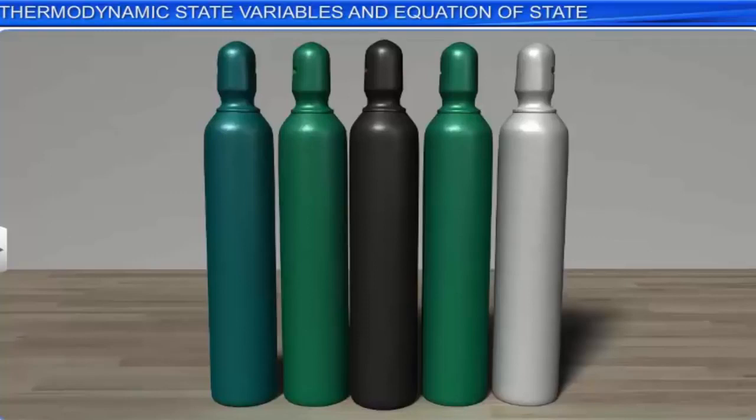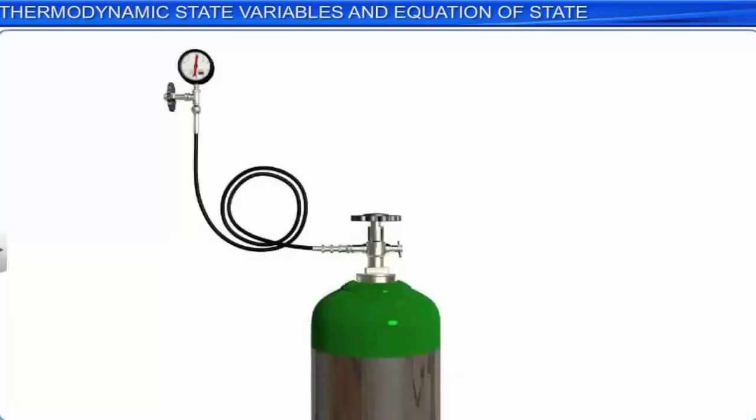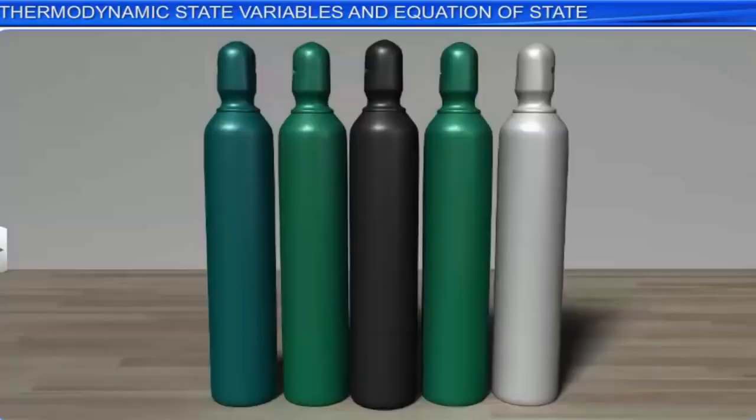Since the volume of all these cylinders is the same at a given constant temperature, if oxygen is filled to a certain pressure, all these cylinders will contain equal quantities of oxygen.